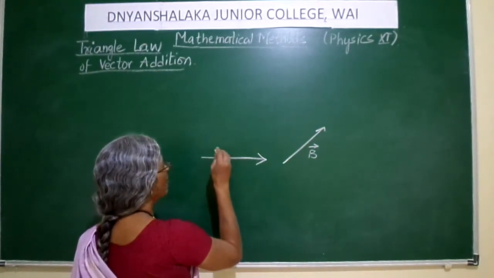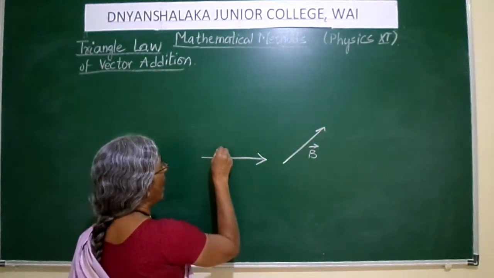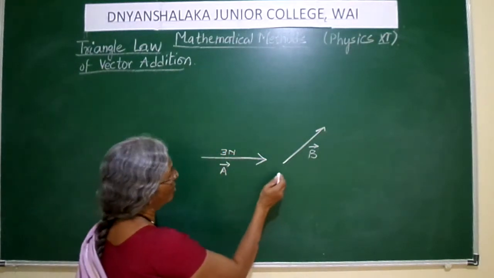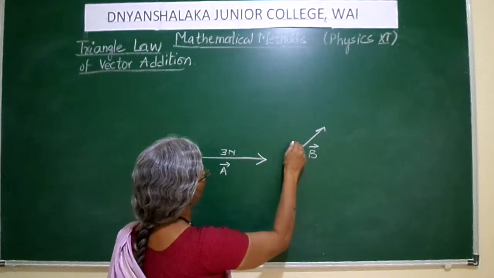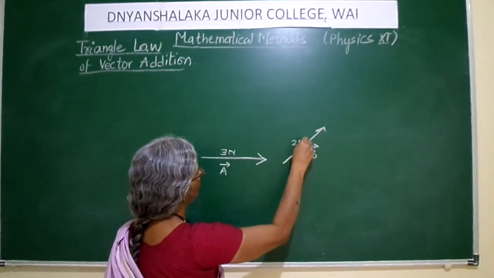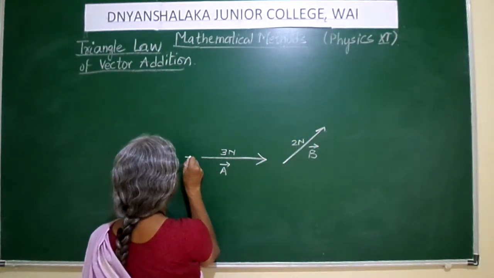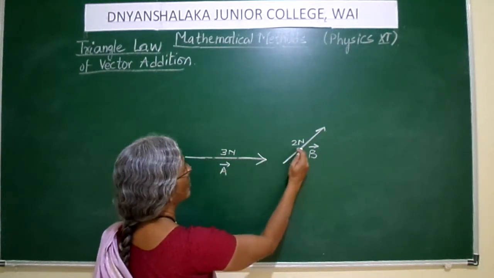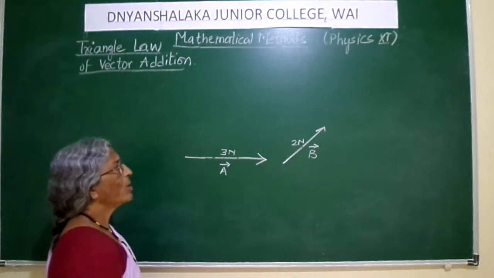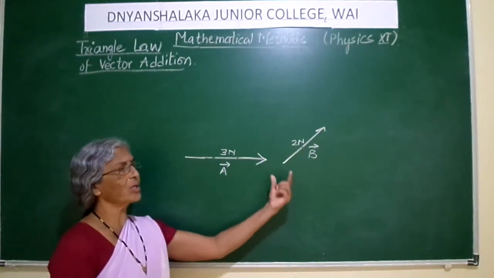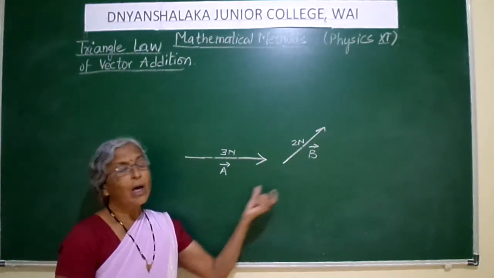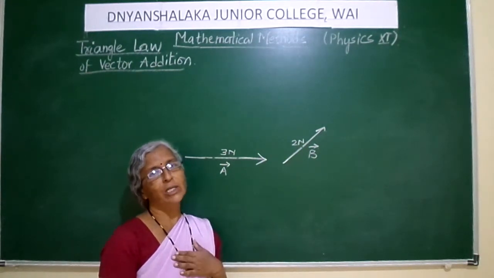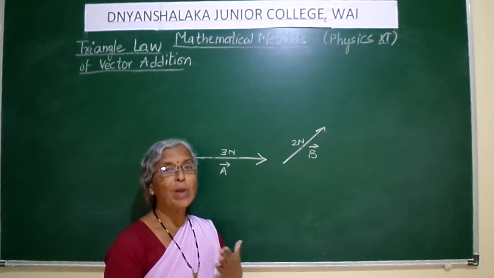Let this be a force vector with magnitude 3 Newton and this be a force vector with magnitude 2 Newton. Now I want to find the addition of these two vectors. How will I do it?